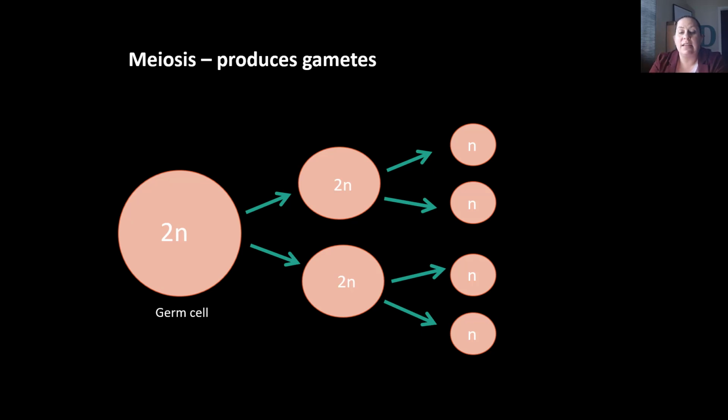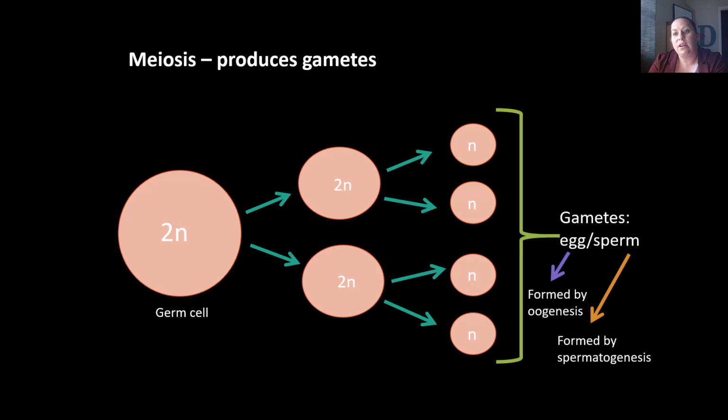Each of those cells has half the chromosomes, so we say it has N chromosomes. These are going to be the gametes, whether egg or sperm. Egg is formed through oogenesis, whereas sperm is created through spermatogenesis.